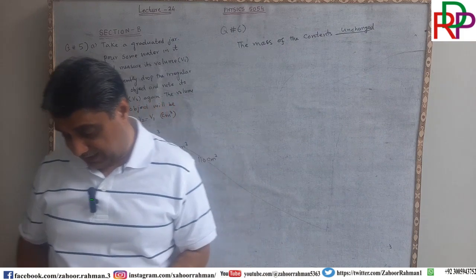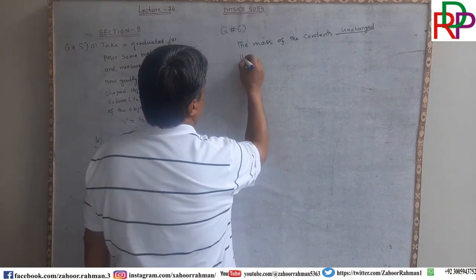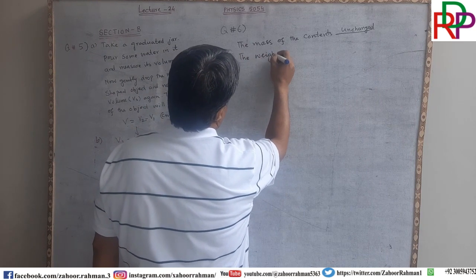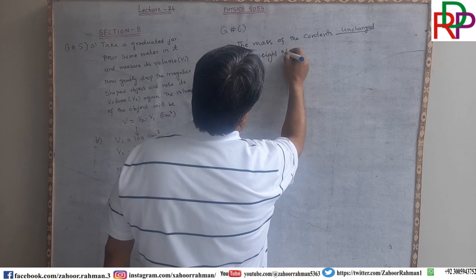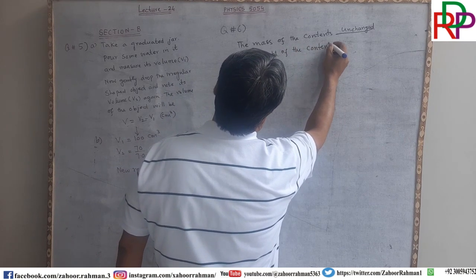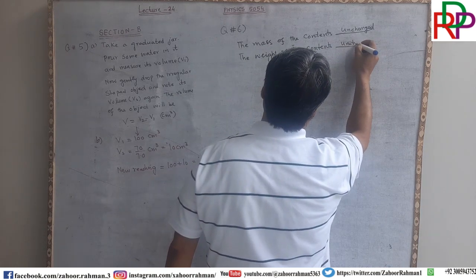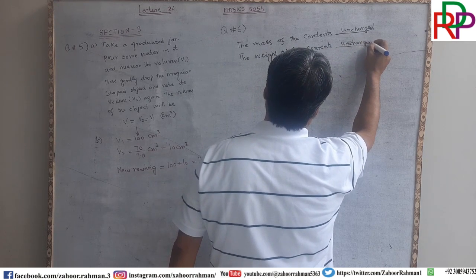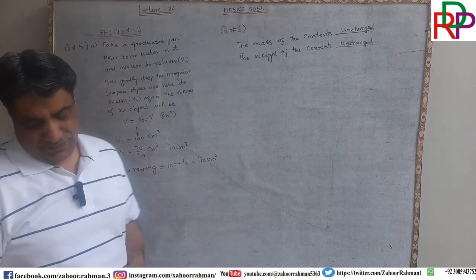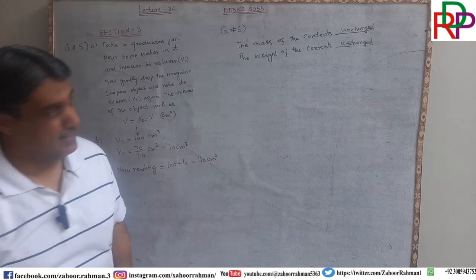The weight of the content is also unchanged because it is on the earth. Nobody has transferred it to the moon. So the weight and the mass remain the same.